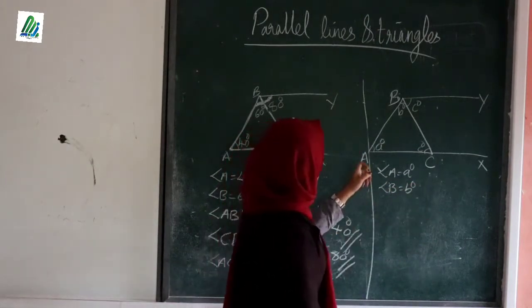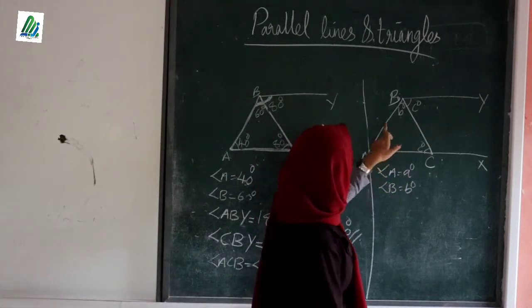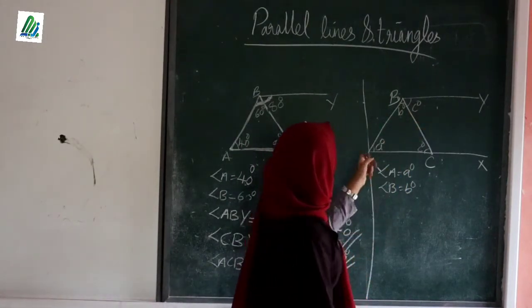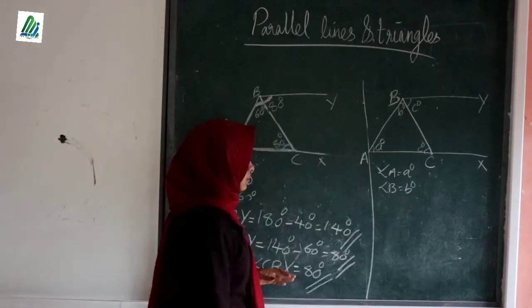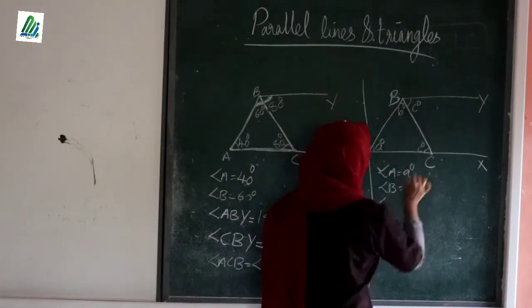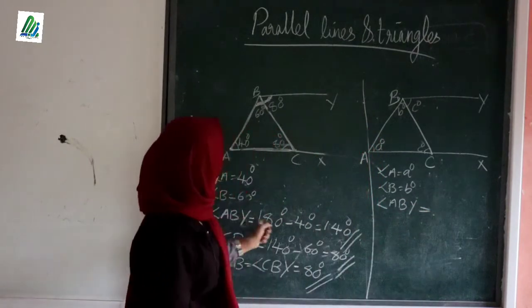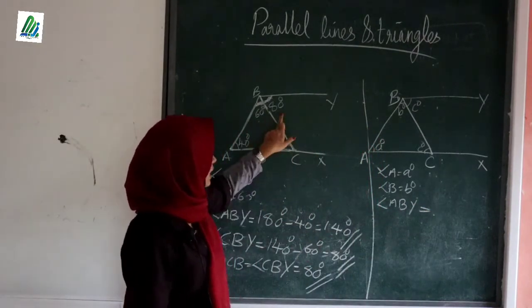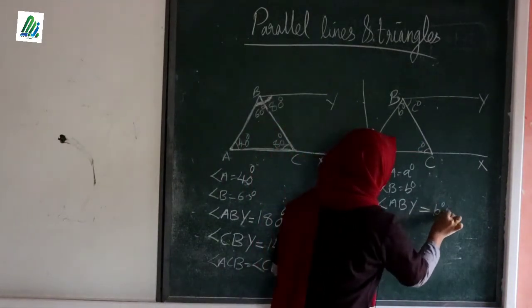And here angle B is 60 degree, and here angle B is B degree. And what is angle ABY? Here angle ABY is 140, which means 60 plus 80. So ABY is B degree plus C degree.